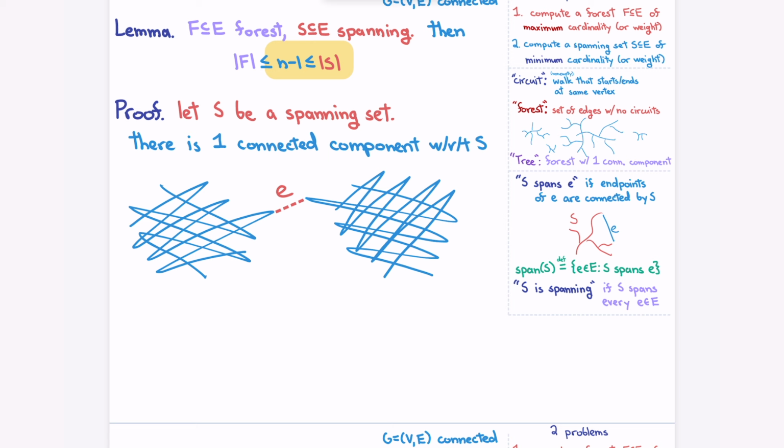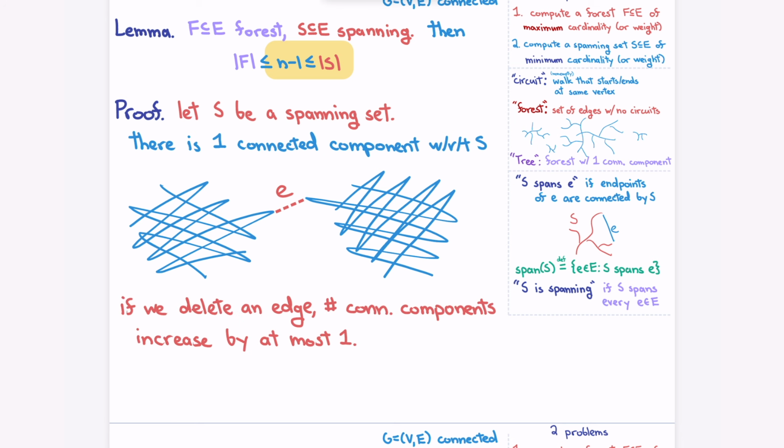Let S be any spanning set. So now there's only one connected component with respect to S. If you delete an edge, the number of connected components goes up by at most one. You have a big connected blob, you delete an edge, you might have two connected blobs, but you won't have three, because you're only deleting one edge.